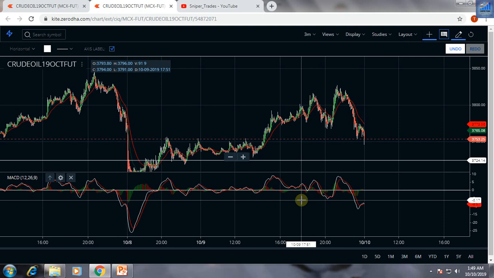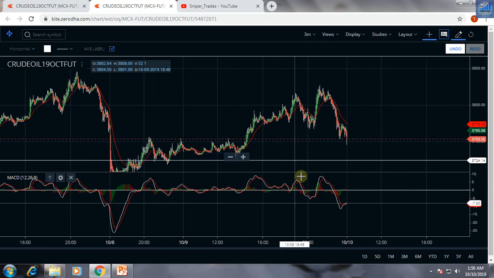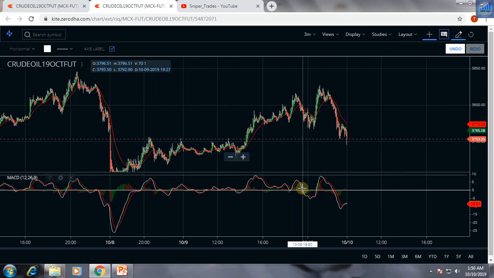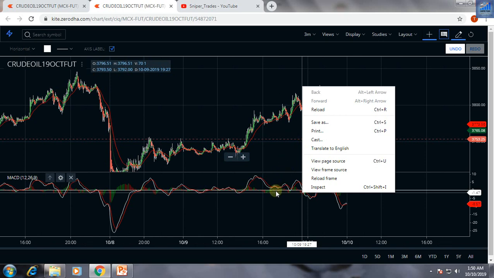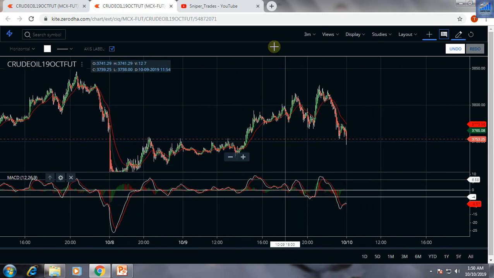It means that the second time when the price has made a lower low, the momentum in the downward direction is not sufficient enough to support the price in a further downward move. That is what this bullish and bearish divergence means.